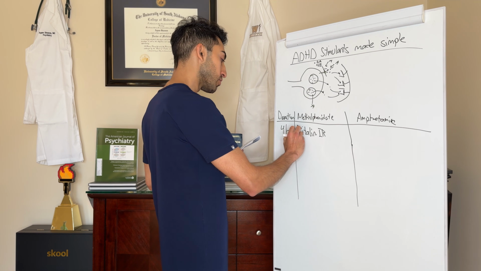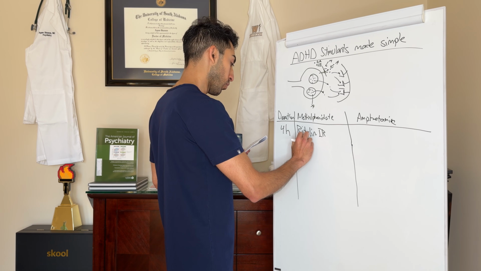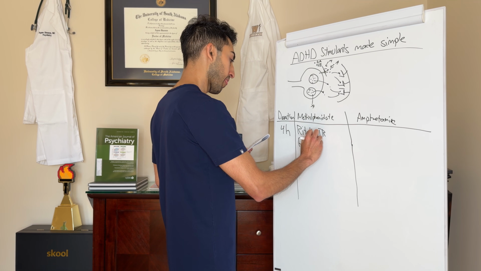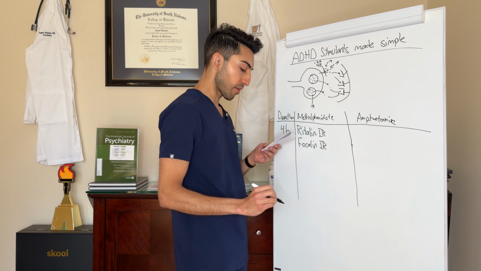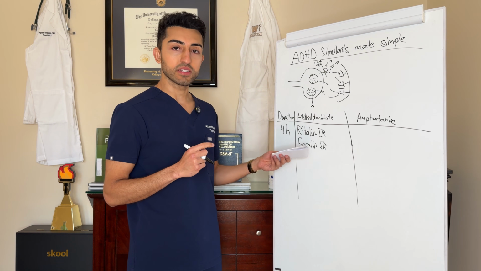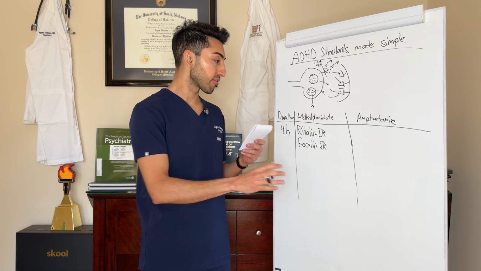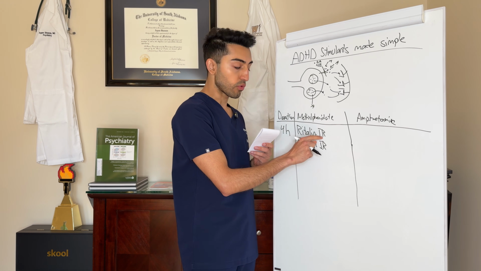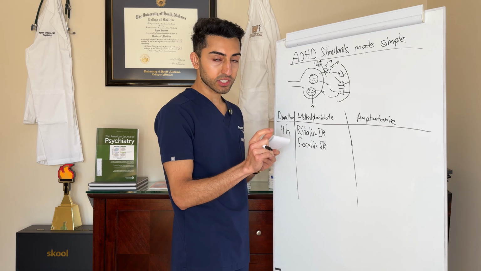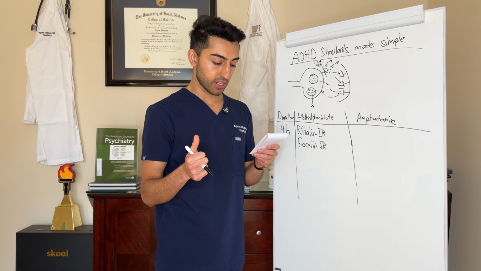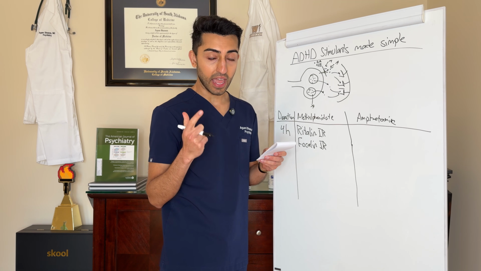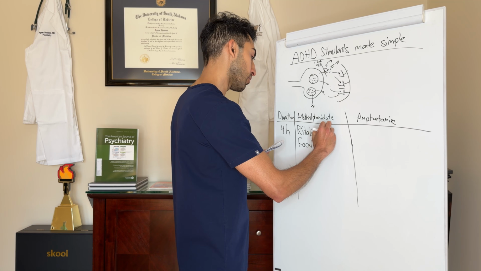And then there is also Focalin. This one is prescribed less commonly. The main difference between these two is what isomer of the methylphenidate they use. So Ritalin has a mix of D-methylphenidate, so dexmethylphenidate, and then L-methylphenidate.